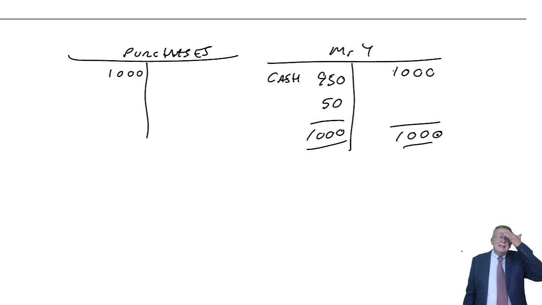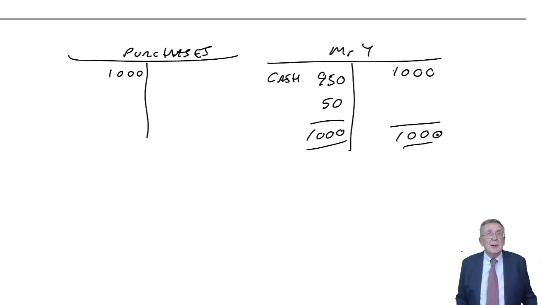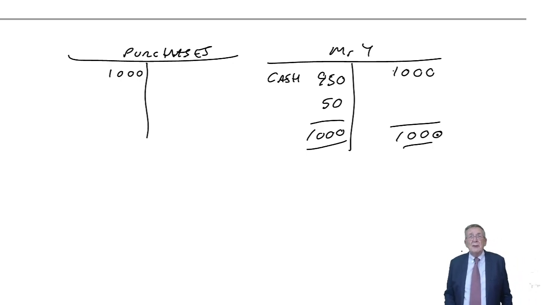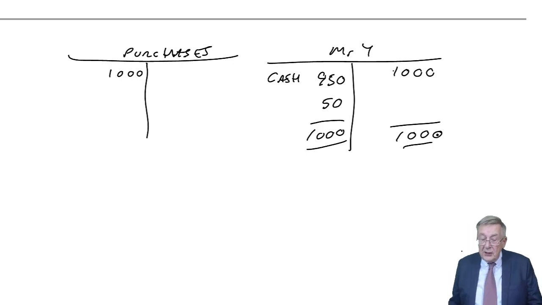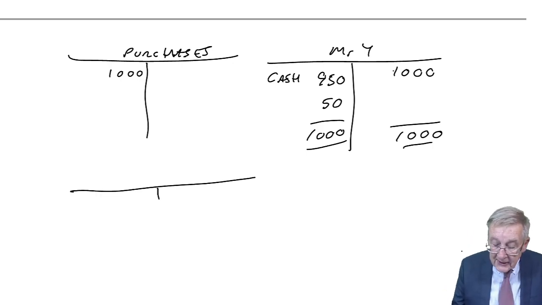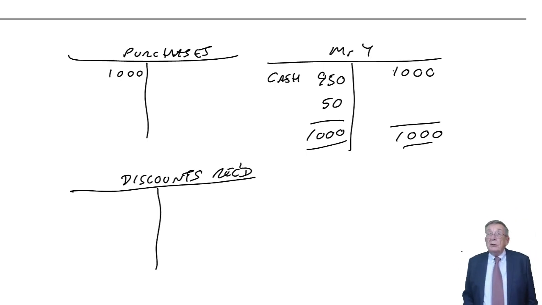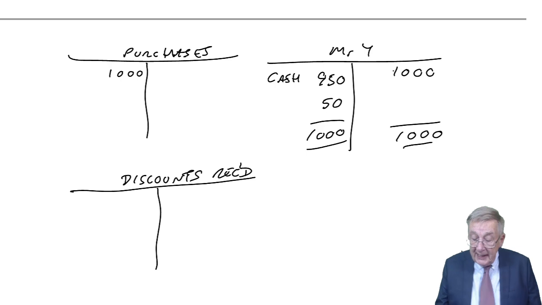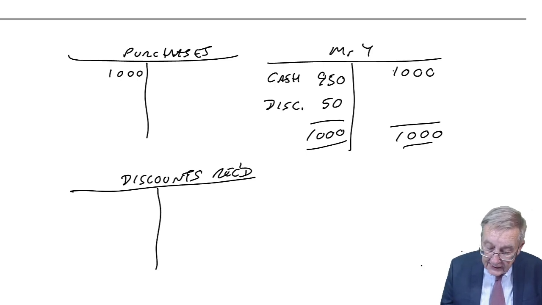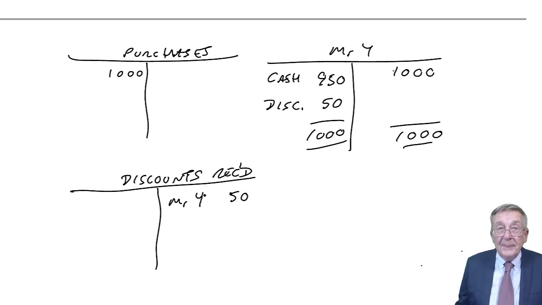And where are we going to credit? Well, we're not going to credit purchases because it's not as though we bought the goods themselves any cheaper. We still bought £1,000 worth of goods. We open a new account called Discounts Received. So debit Mr. Y 50, credit discount received 50.